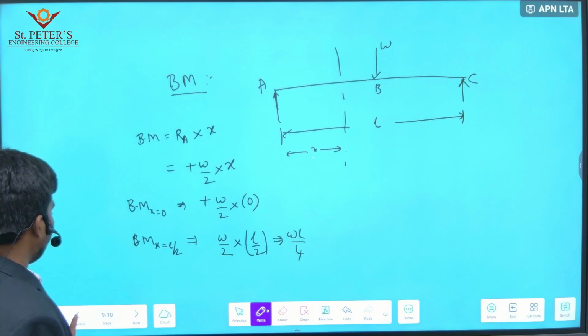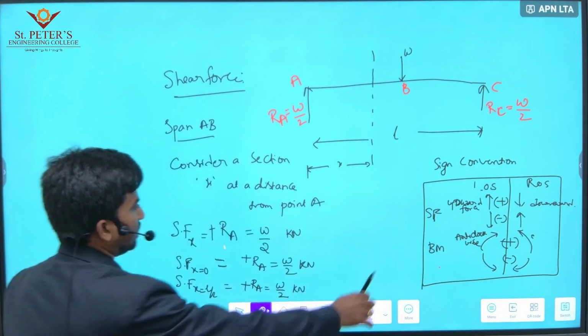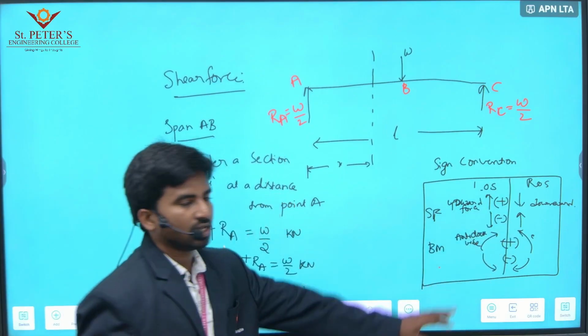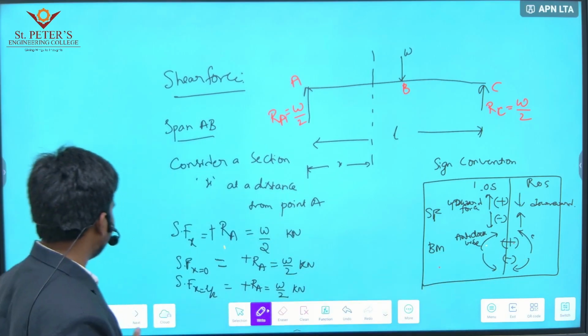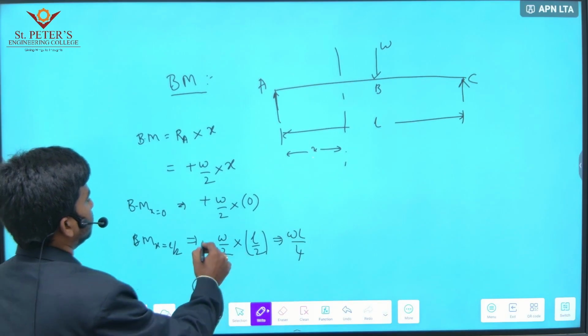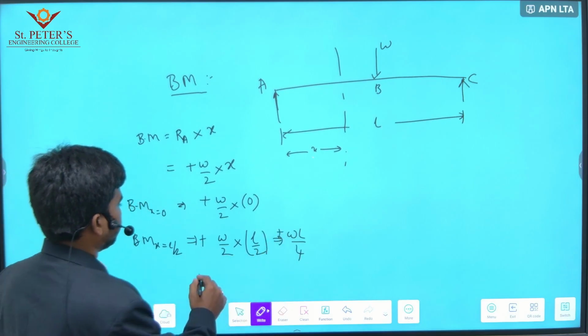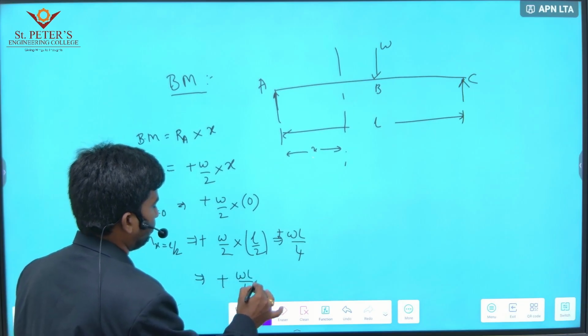Here coming to sign conventions. Anti-clockwise for left of section is positive, and for right of section also positive. So here this is positive sign, here also positive sign. Therefore the value is plus WL over 4.